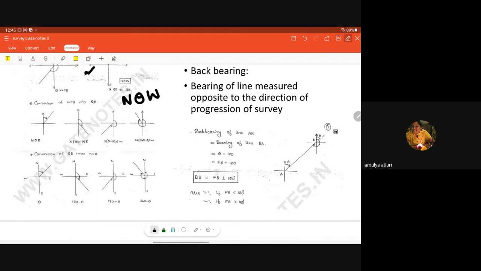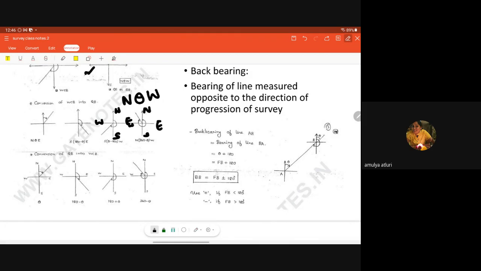In this case, it is mentioned as south theta minus 180 west. So you can write it as north, east, west, south: south theta minus 180 west. Here it is in the north-west quadrant, right?